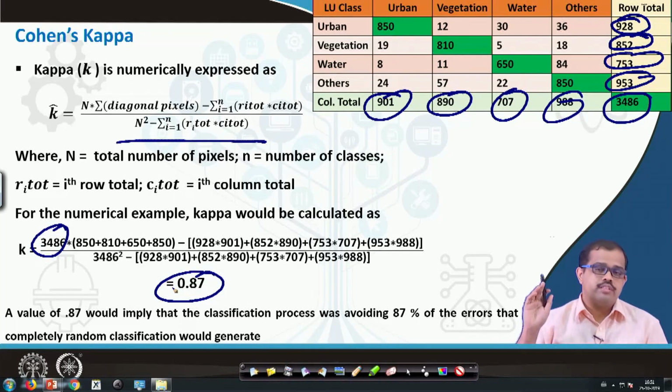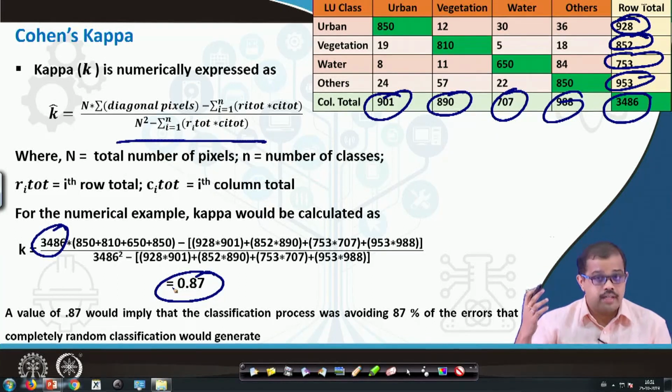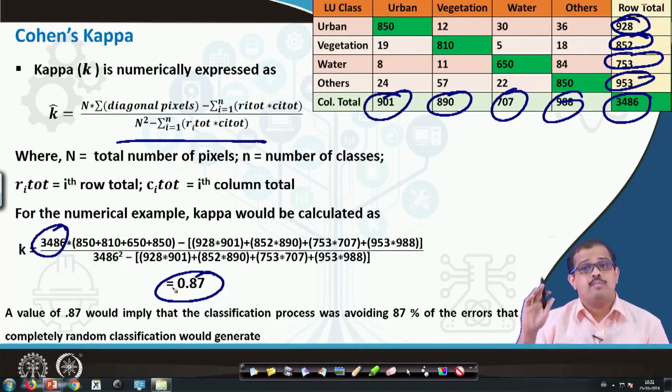What many of the students do here is, when they get 0.9 kappa, they say, sir, my accuracy is 0.9. It is not. Your accuracy is not 0.9, but it means that you have actually avoided the 90% of errors that any random classification would generate. That's it. You are not actually providing the accuracy of the data.